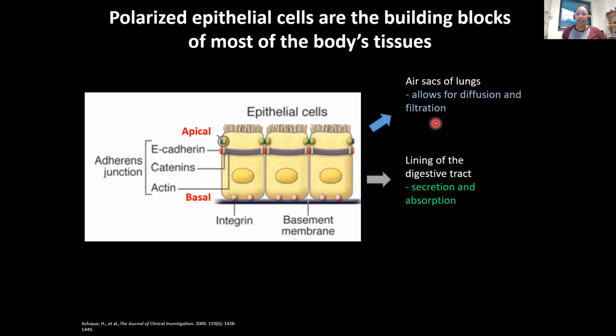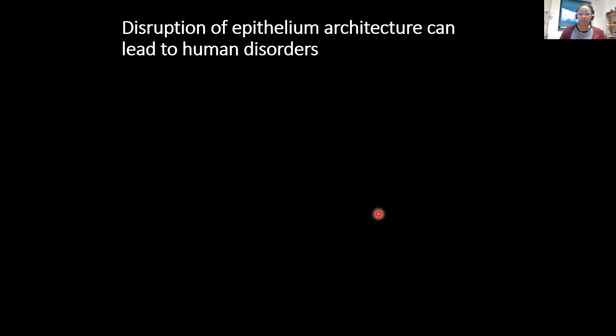They line the digestive tract, which allows for food absorption, so you can absorb your food and get those nutrients in. And then one of the largest organs in the body is made up of epithelial cells, the skin, as a protective barrier. So they're really important cell types, and the structure of an epithelial layer, those tightly adhered cells, is really important to how that tissue functions.